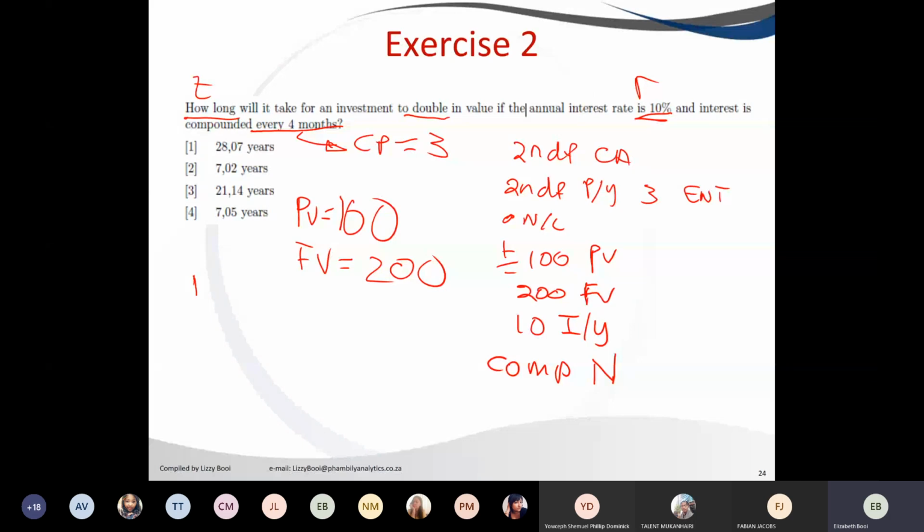Therefore, when you have that answer, they want it in years, so you need to divide by the compounding periods. Once you do CPT N, you will have to divide this by the compounding periods, which is 3. So you will say CPT N, divide by 3, and it should give you the value you are looking for among the options. And that's your exercise.